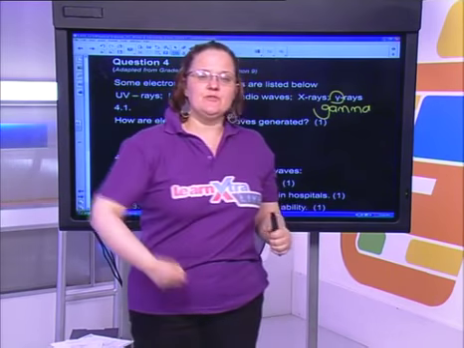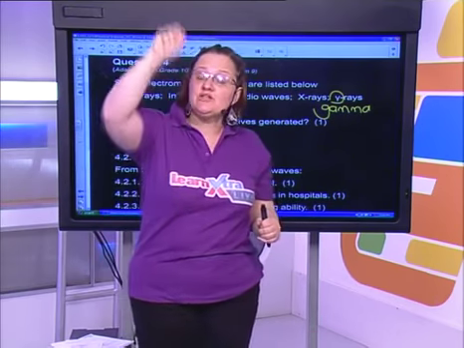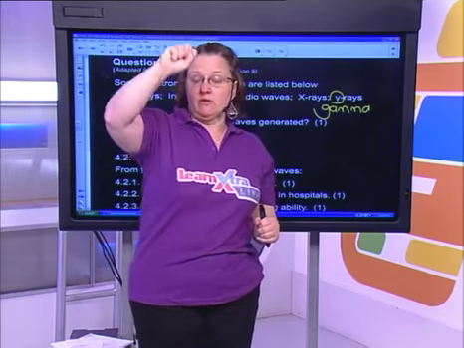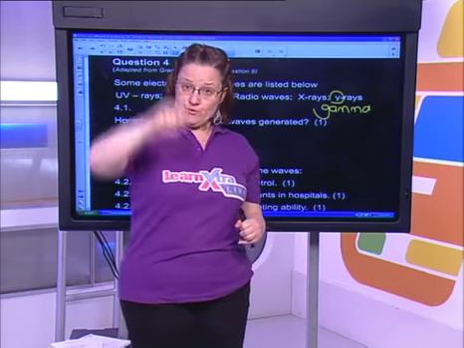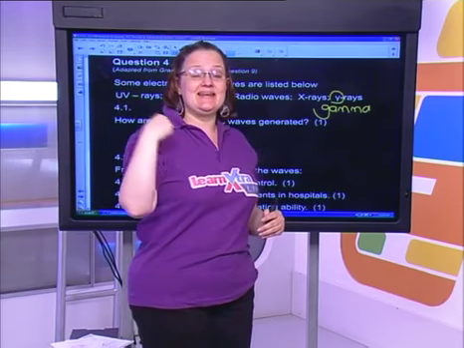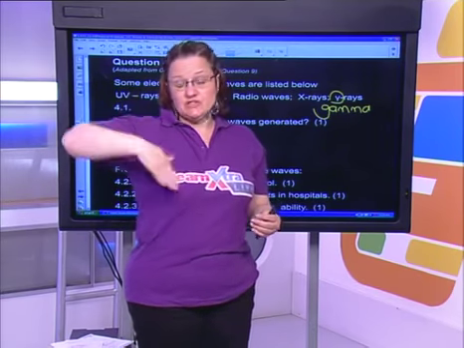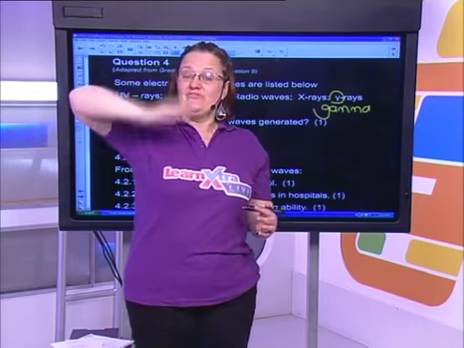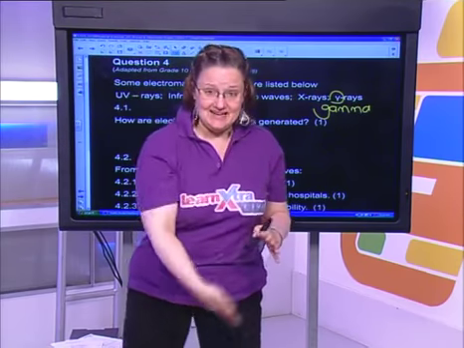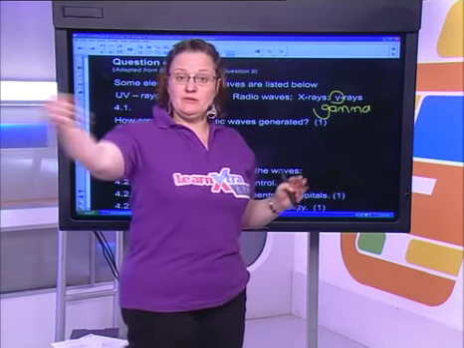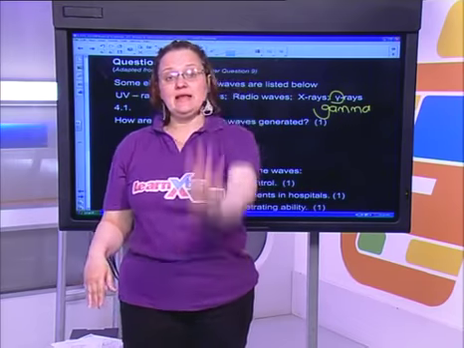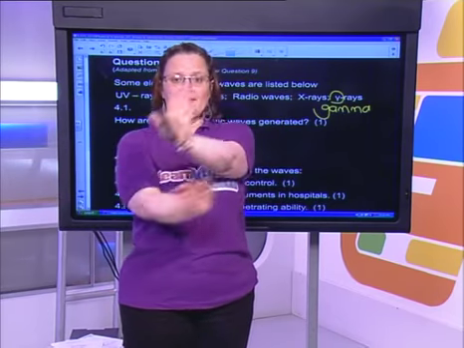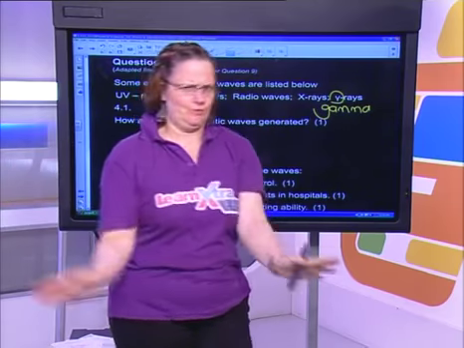You have to have the movement, and in fact, you have to have the vibration of a charged particle. As the charged particle vibrates, it creates an electric field because it's moving. That electric field, in turn, creates a magnetic field. So we get the electric field going in one direction, and we get the magnetic field. They're both going forward, but they go at right angles to each other, okay?